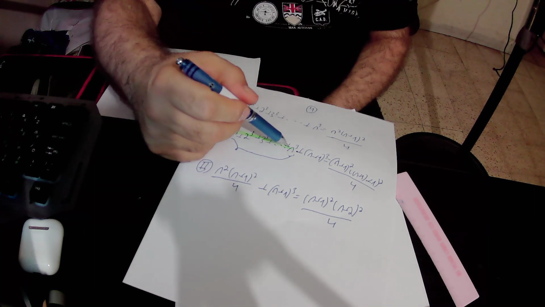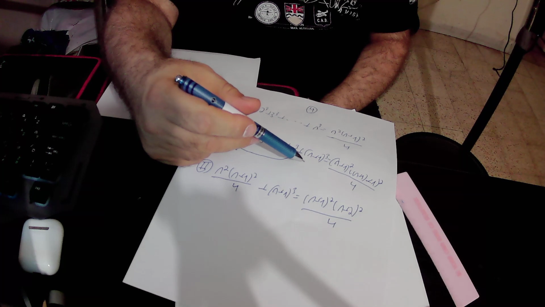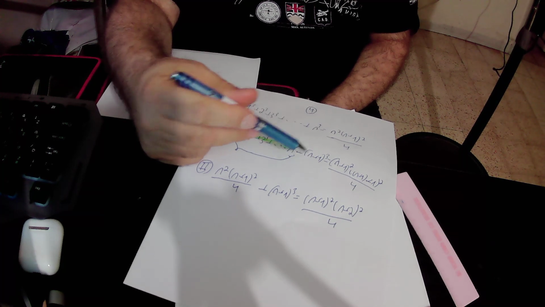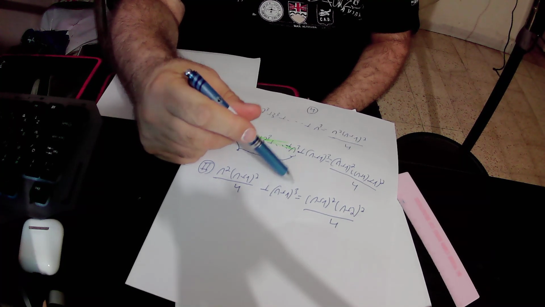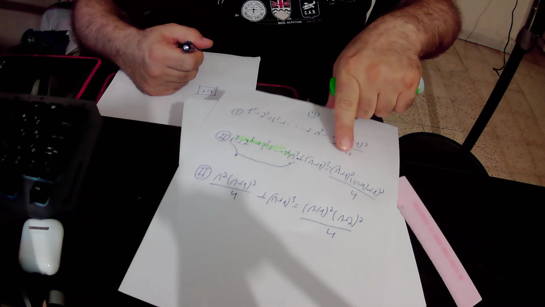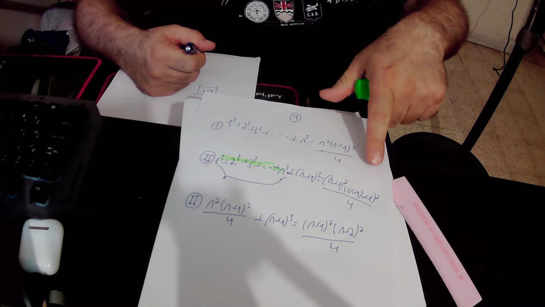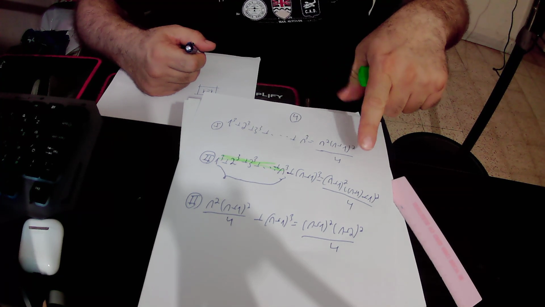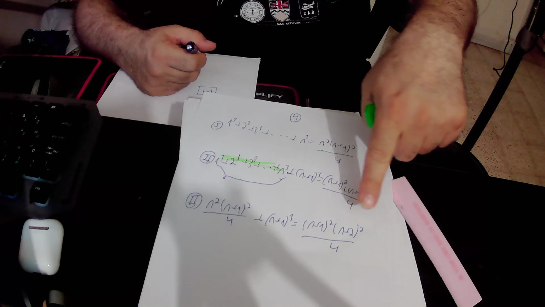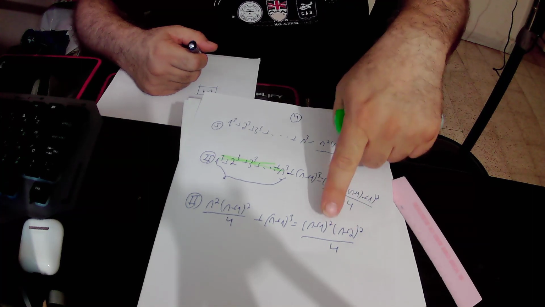And then we have also plus n plus 1 to the power of 3, so we copied it as it is, and then all equals n plus 1 squared times n plus 1 plus 1, which is n plus 2, so it is actually n plus 2 squared, like here, and all divided by 4.